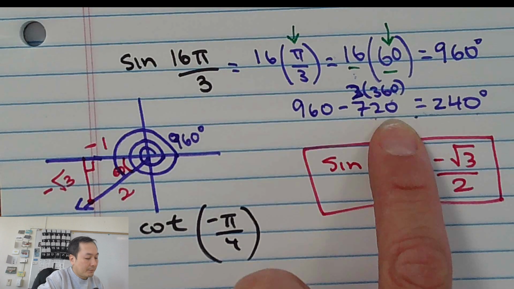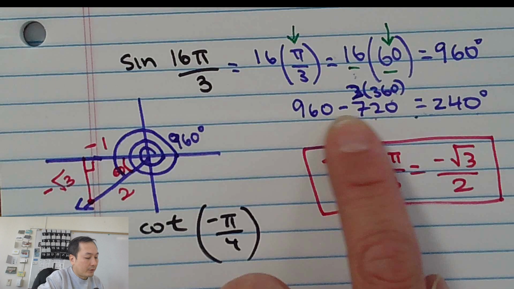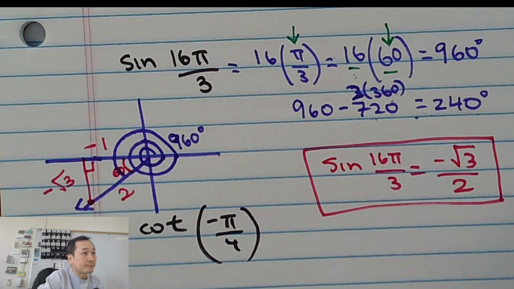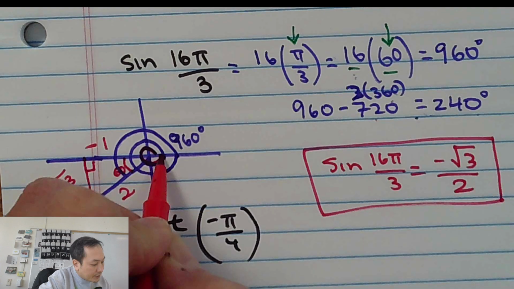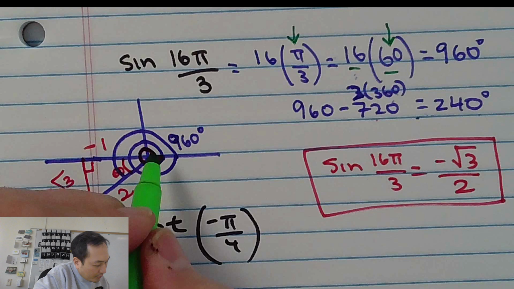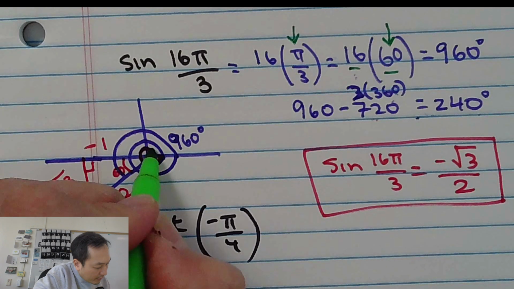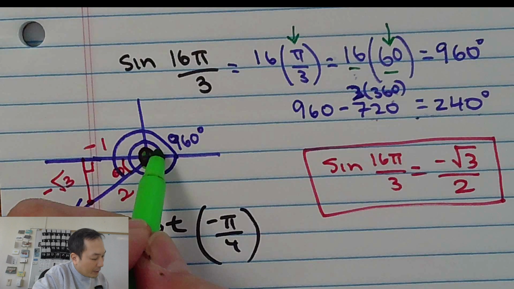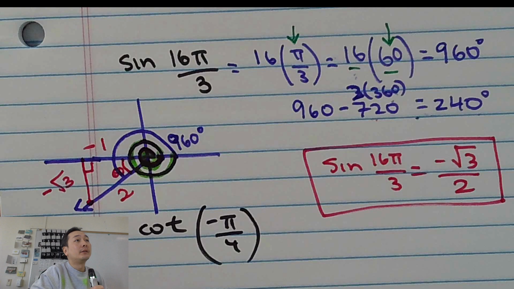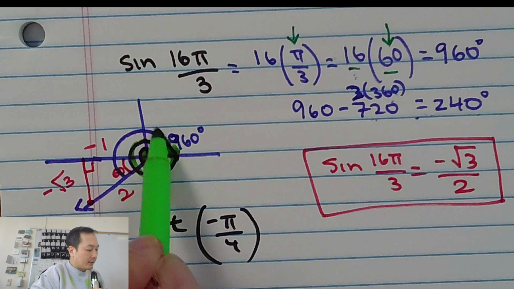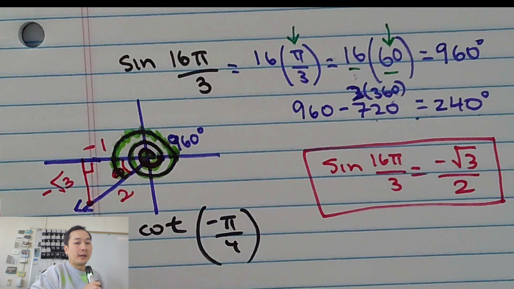Let me use the highlighter. I know that this is 360, right? I went one rotation. I went 2 rotations. That's where I stopped, and that's 720. And then 960 minus 720 is 240. So 240 is represented there, if you guys followed my highlighter.